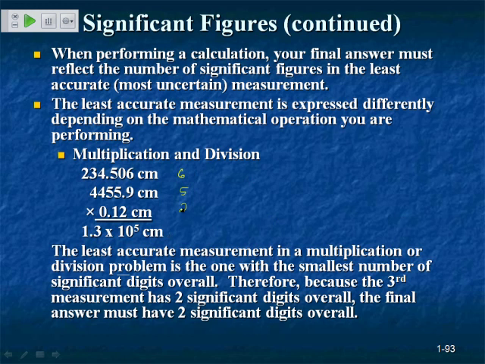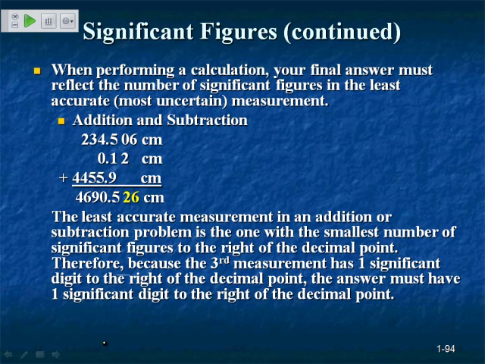Because one number has only 2. But in addition and subtraction, the rule is different. When you add or subtract, you are going to pay attention only to the places after the decimal point. So the rule is, again, your final answer must reflect the number of significant figures in the least accurate measurement.